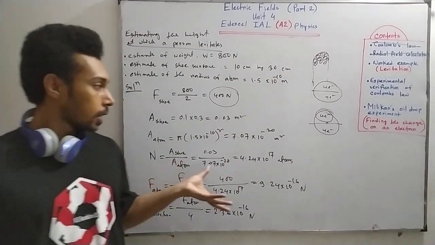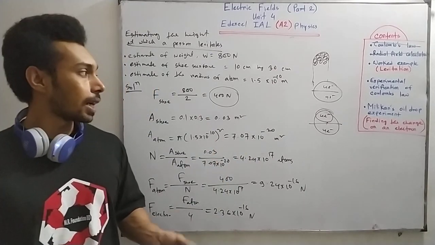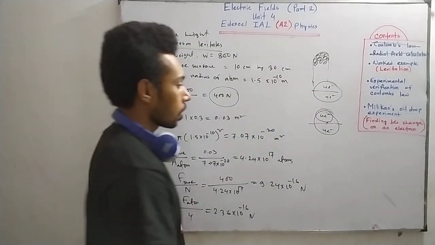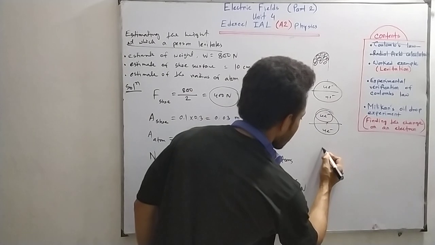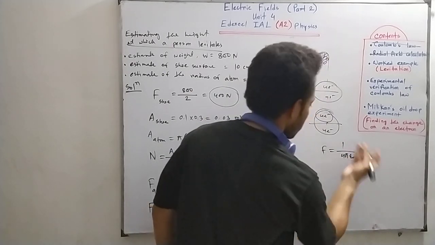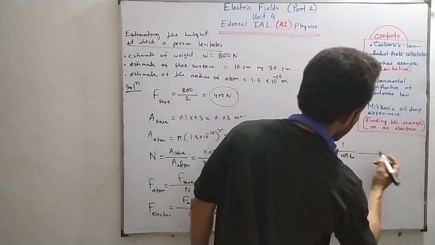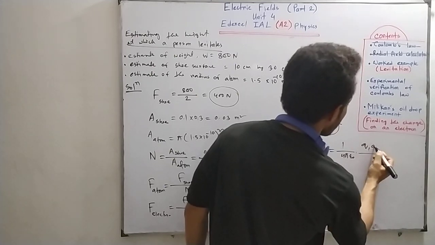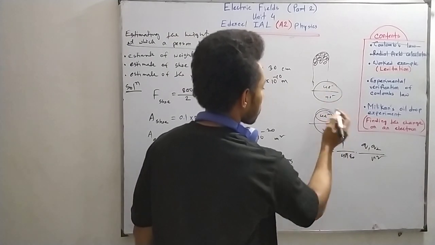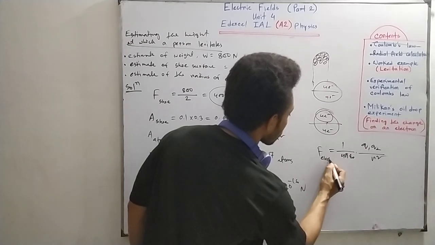The force that is supported by one electron is actually due to the repulsion between the electrons, and from Coulomb's law we know the force of repulsion is equal to 1 by 4 pi epsilon naught, taking air as free space, Q1 Q2 divided by r square, and r is the separation between the electrons. So this is the Coulomb force, and here it will be the force of one electron.